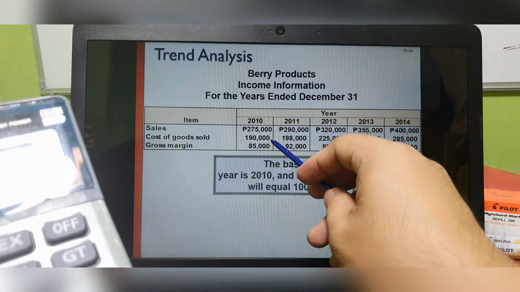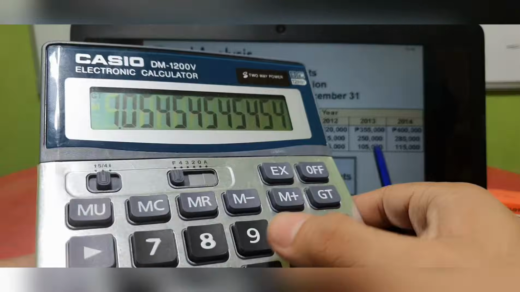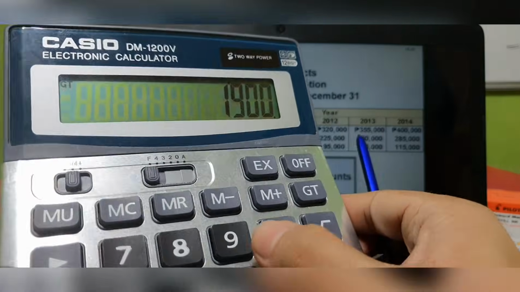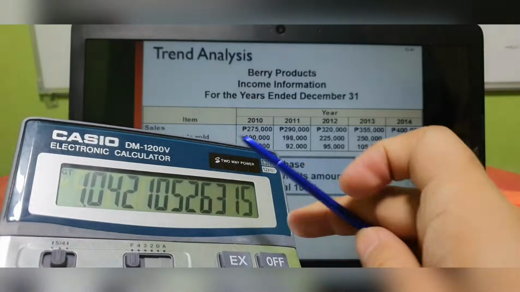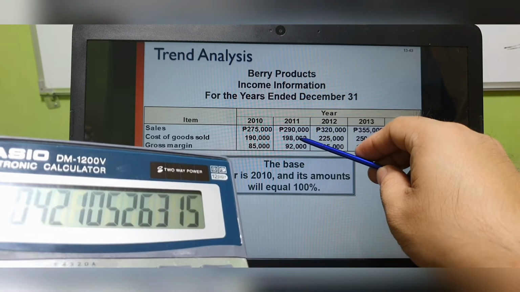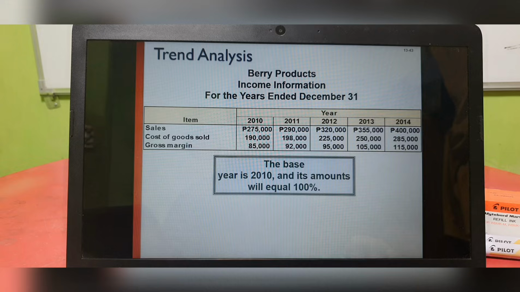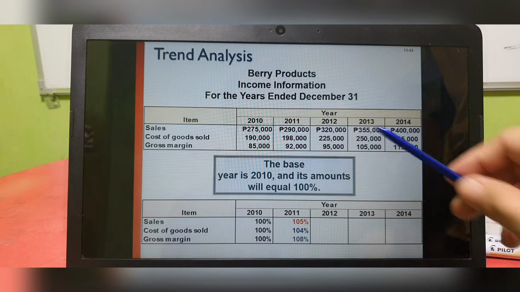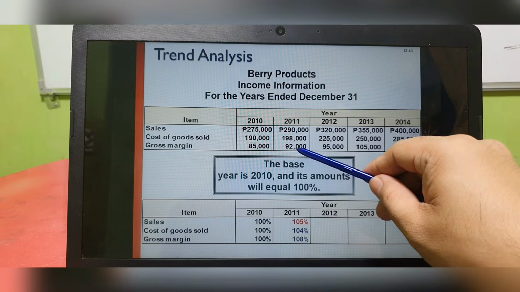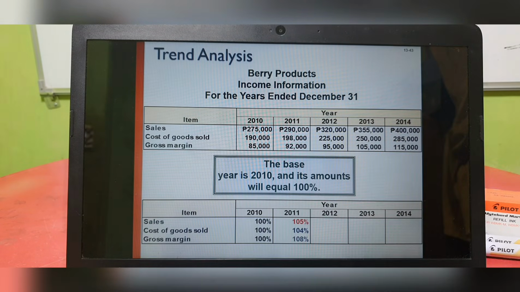For your COGS, ano nangyari na 2011? 198 divided by 190. So, that will give us 104 increase in our COGS. Okay, so tingnan natin yung 2011. Ayan. So, gross margin is 108 kasi 92 divided by 85,000.